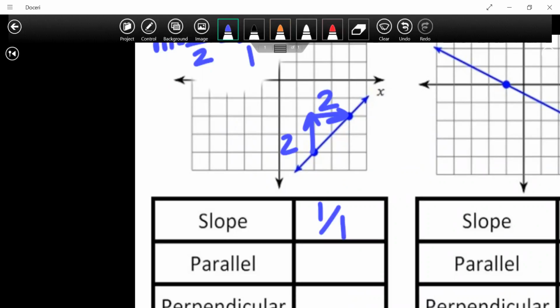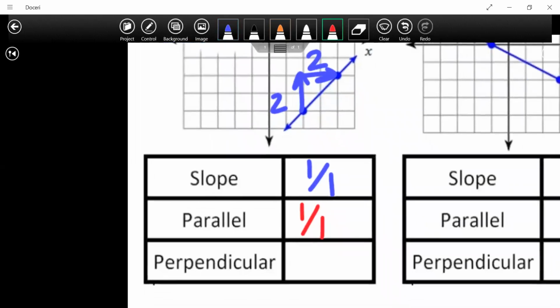If I wanted to find a slope that was parallel to it, what would I write down? Look at your notes. What does it say on the top? If they're parallel, they're going to be what? The same. So we're just going to write 1 over 1. Yes, it's that simple. Don't let it get confusing. If we're looking at two parallel slopes, it's going to be written the same way. If we're looking at the perpendicular, let's look at the opposite.